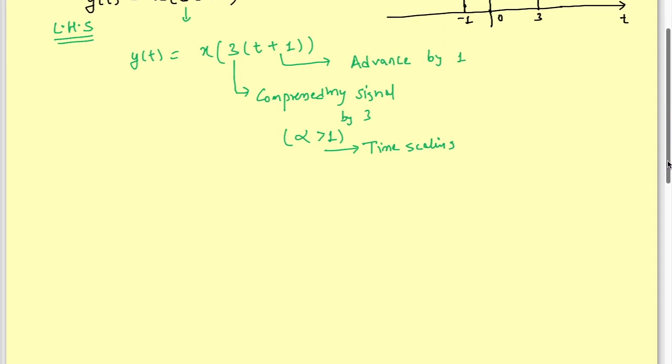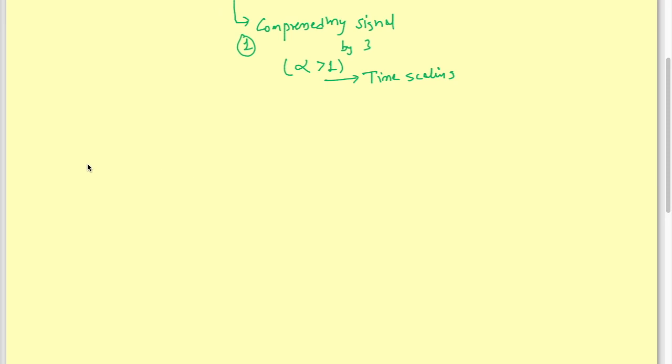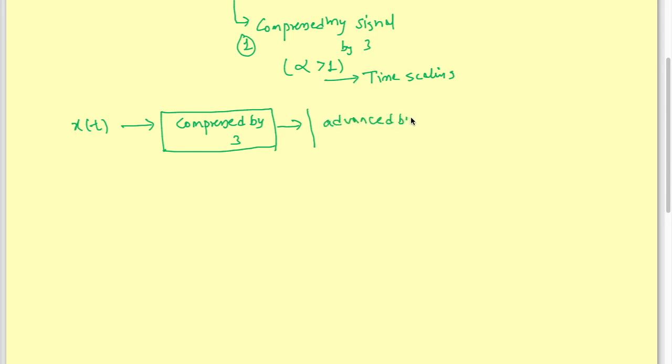So the first operation here is this one, the second operation is this one. So x of t, then we compress by 3, then advance my signal by 1 unit, and then we will get y of t.